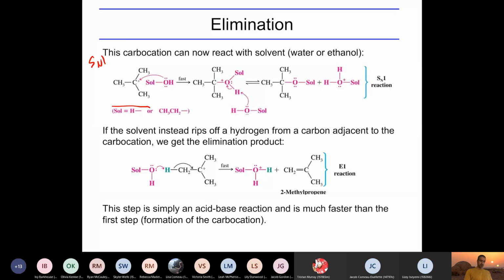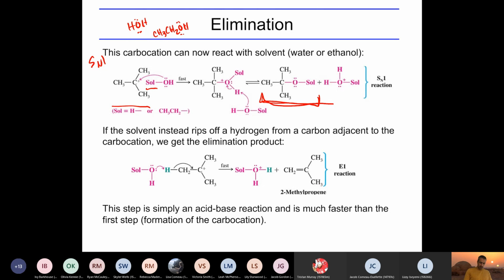And this Sol OH, that's just like HOH if it's water, or CH3CH2OH if it's an alcohol. Sol is just the other part of the molecule. And the nucleophile would have a pair of electrons from that OH attack. And then you could lose a proton in a second step, and you have substitution. You have either OH there or OCH2CH3. That's Sn1. That's what we would have seen at the beginning of the chapter.